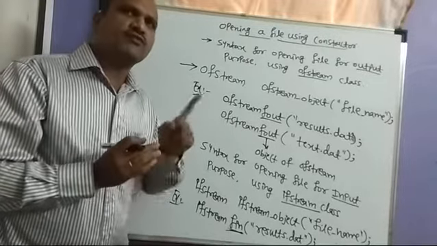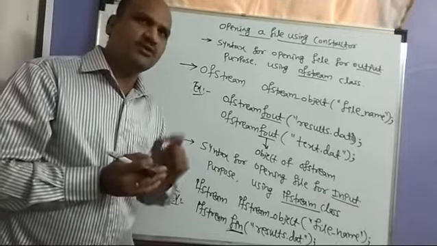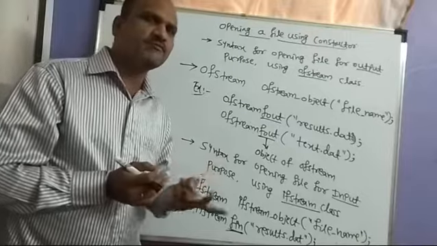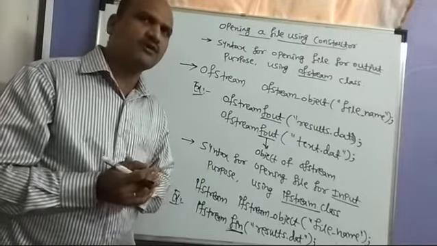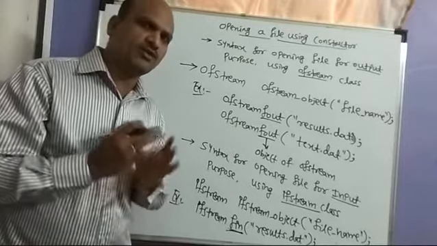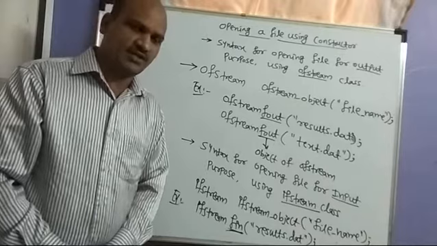So this is the first type of opening your file, with the two ways, that is inputting and outputting. The second one is opening a file using the open member function, which we'll discuss in the next class. Thank you very much.